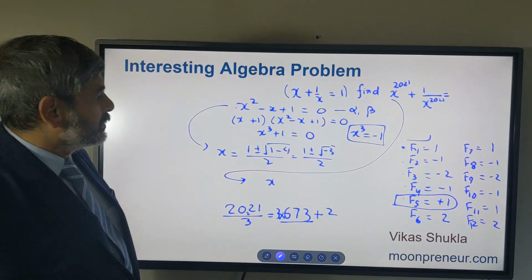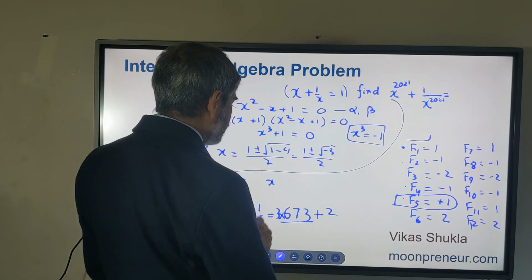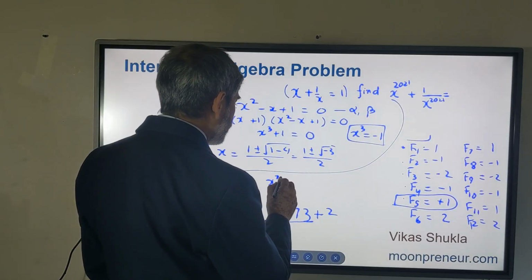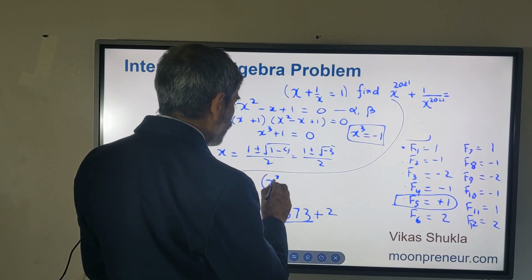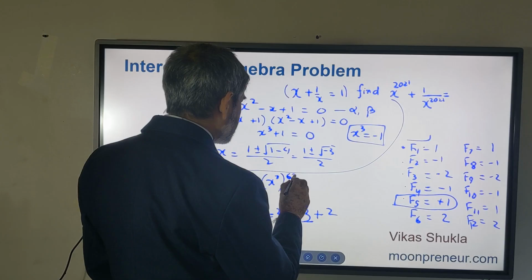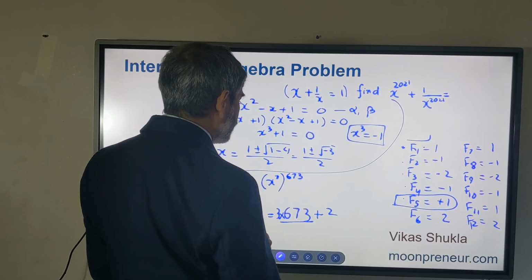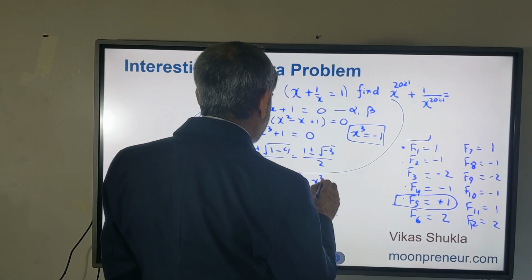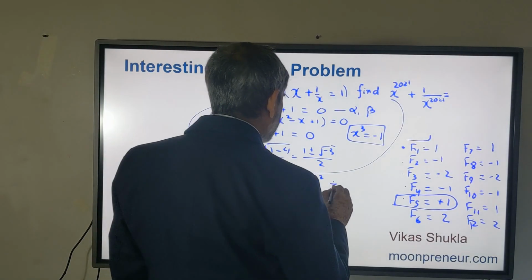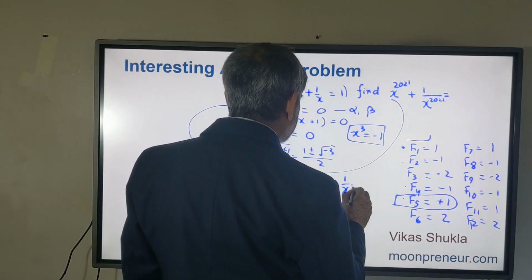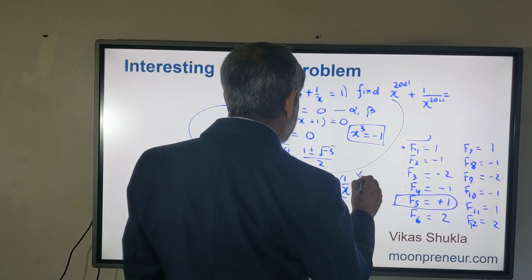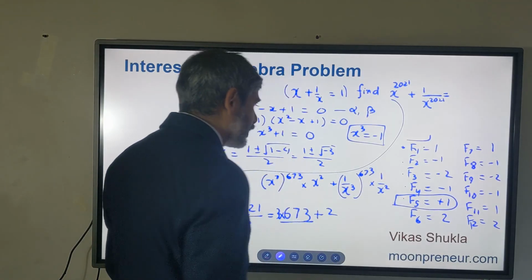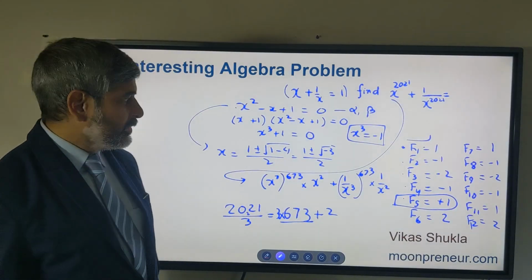This is what I get. So I can write it as x to the power of 3, whole to the power of 673, multiplied by x square, plus 1 upon x to the power 3 to the power of 673 multiplied by 1 upon x square. This is what we have now.